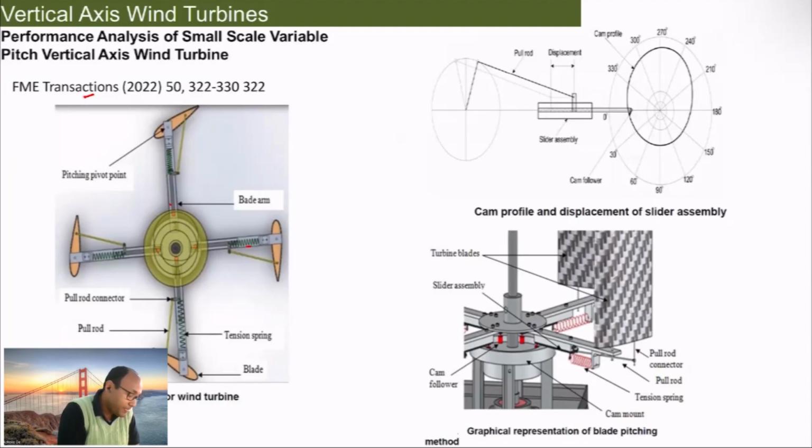In this case you see how the pitching has been changed, and the spring plays an active role here. Here is another, closer view of this spring system, and this is where you could see how the secondary rod cam profile mechanism is going to work.